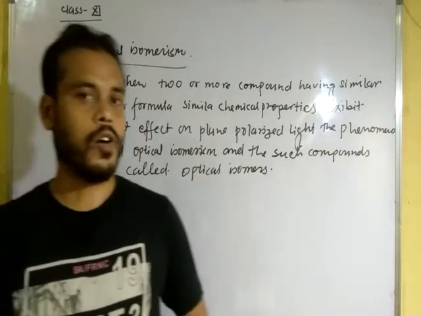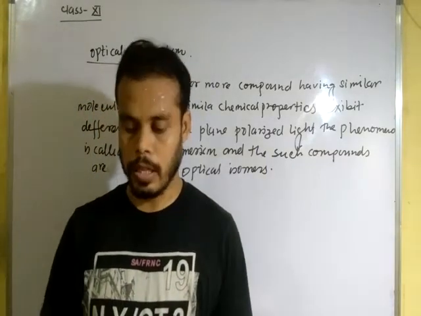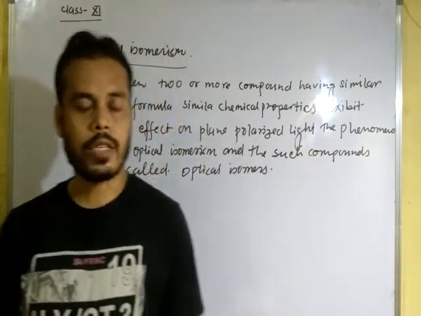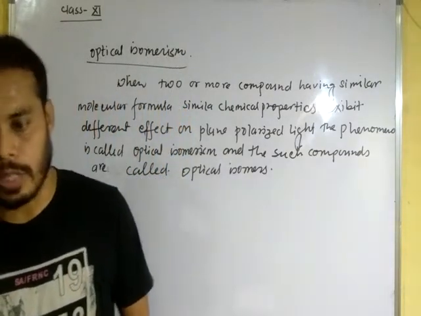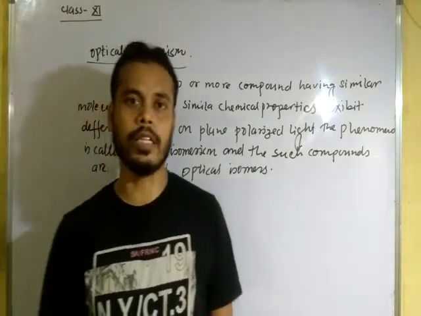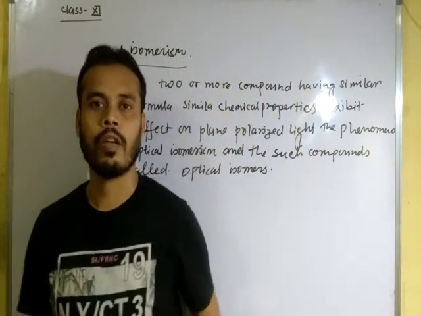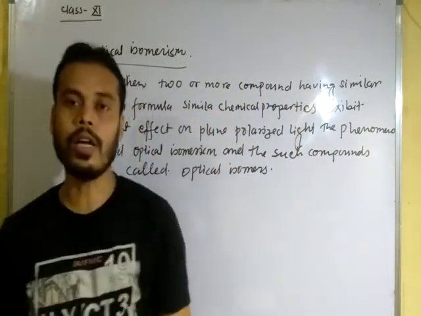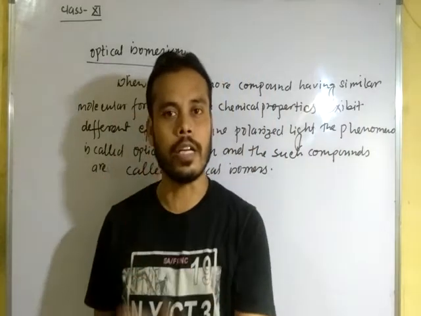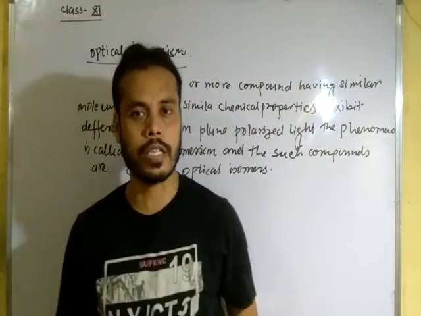Optical isomers are of two types. One is dextrorotatory and the second is levorotatory. What is dextrorotatory and what is levorotatory? Dextrorotatory means the compound has the nature to rotate the plane polarized light in the clockwise direction, while a levorotatory compound has the tendency to rotate the plane polarized light in the anti-clockwise direction.